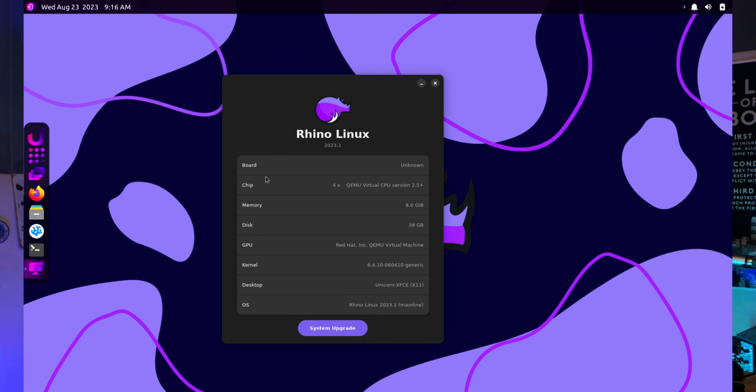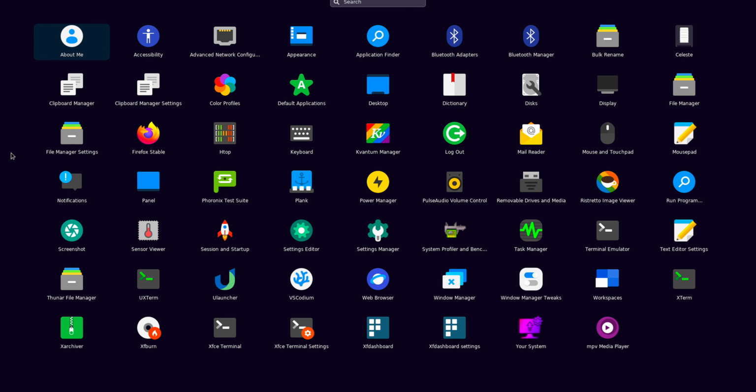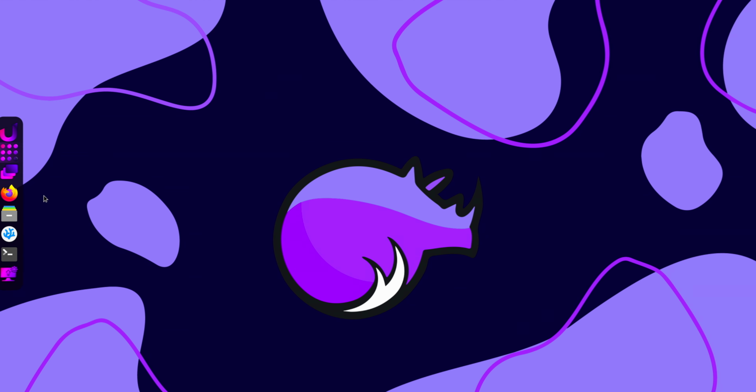There's this utility that allows you to gather up information about your computer, about the devices and memory and graphics and all that wonderful fun stuff, and then displays it in a really nice way, as you can see here. The other one is, of course, the unicorn, what they call the unicorn desktop. Now, again, that is XFCE, and it has these layers on top of it to make it look nicer. I like the logo, by the way.